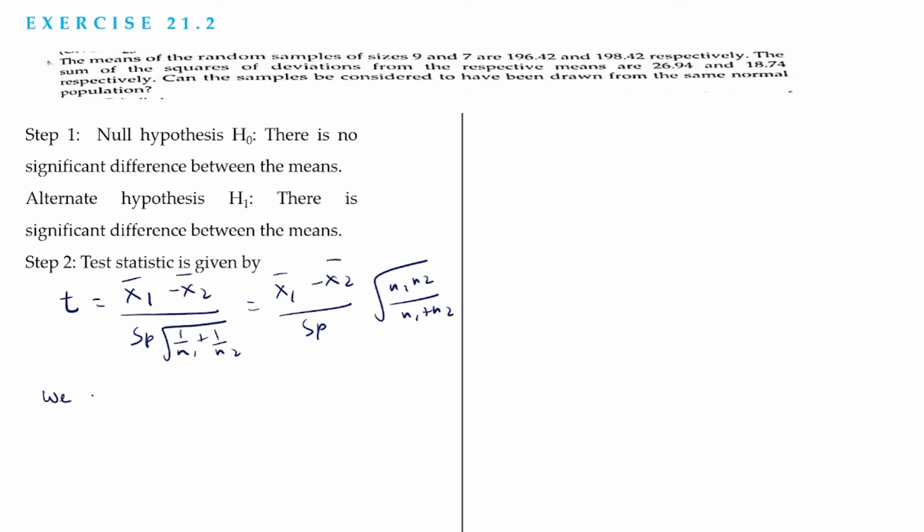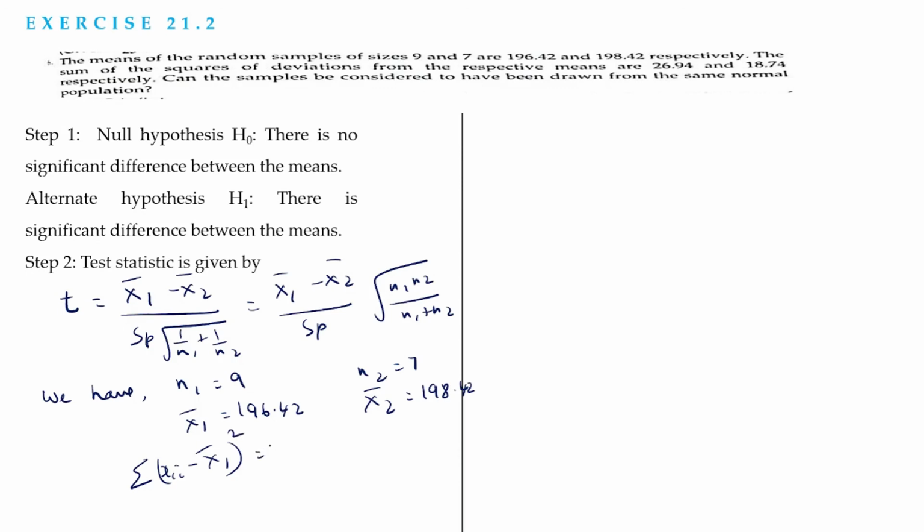Now let us write what is given. We have n1 equal to 9, n2 equal to 7, x1 bar is equal to 196.42, x2 bar is equal to 198.42. Then summation (x1i minus x1 bar) the whole square is equal to 26.94.